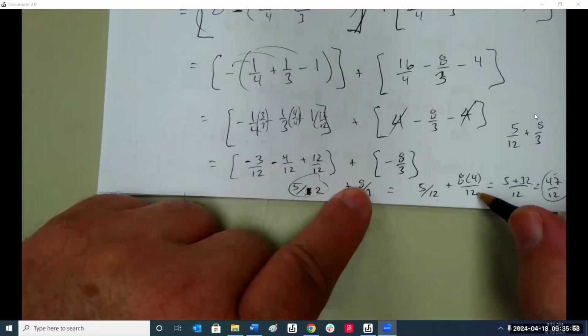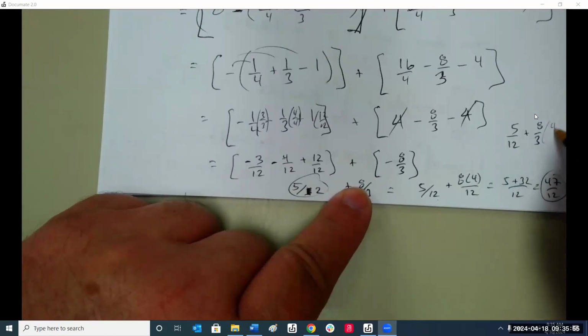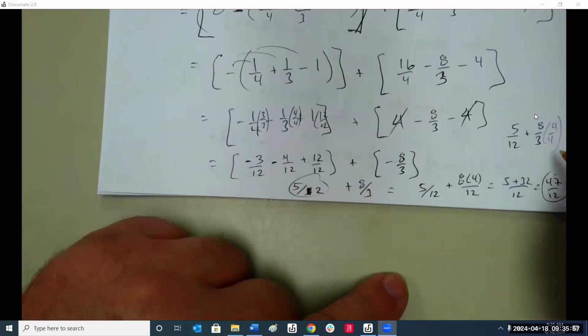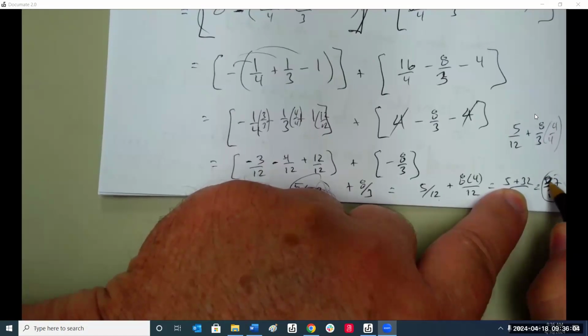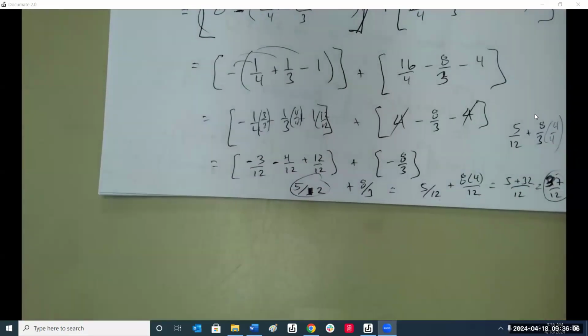Common denominator is 12. Oh, it's 37, not 47. Yes, 37/12.